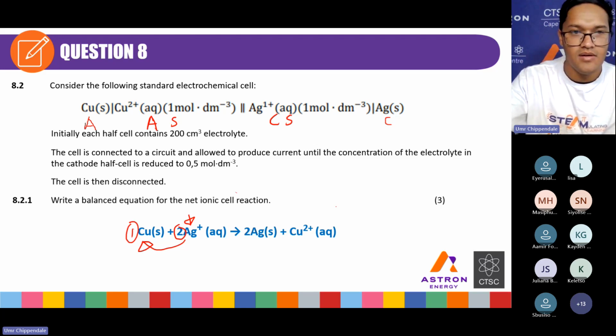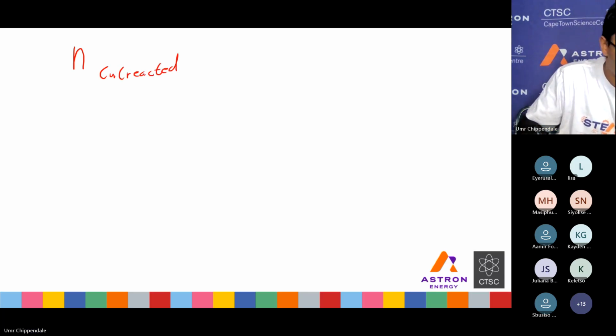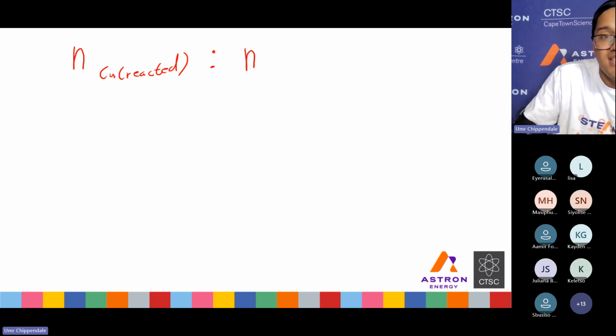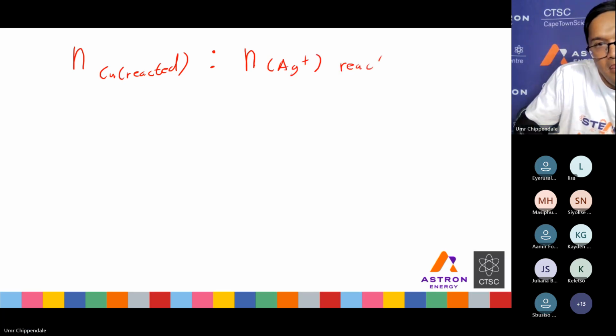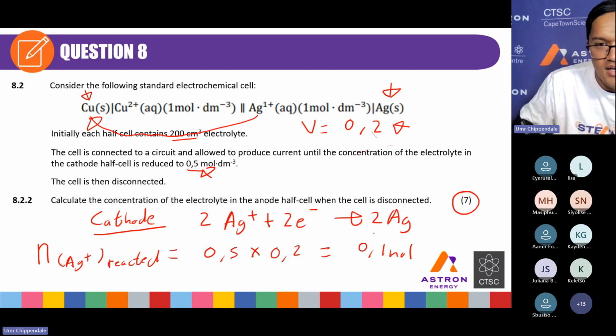So we're going to write that down now. The number of moles of our copper, so our Cu that actually reacted, in terms of the number of moles of our silver ion that reacted, is 1:2. So therefore, the number of moles of copper that reacted is equal to, let's look up, that should be this one here, yes, the 0.1.